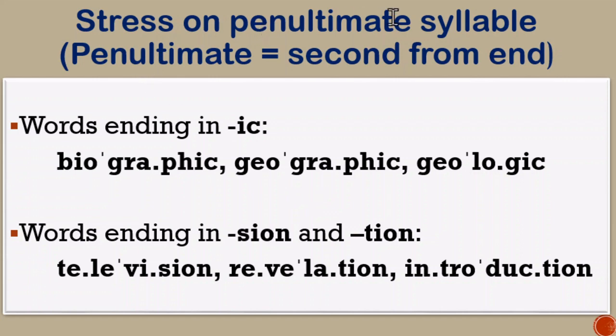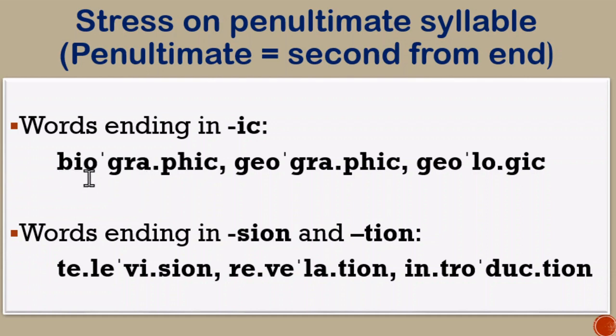Here is a word, penultimate, which means before the ultimate, that is second from the end. In words like biographic, geographic, geologic, or words ending in the ic sound, the stress is on the penultimate syllable. That is the syllable just before the last, second from the end.